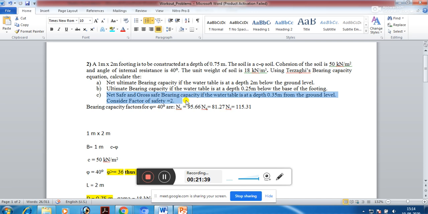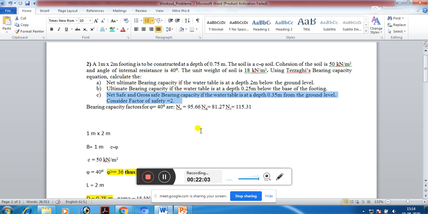The only formula you have directly available is the formula for ultimate bearing capacity. Now you take this example.